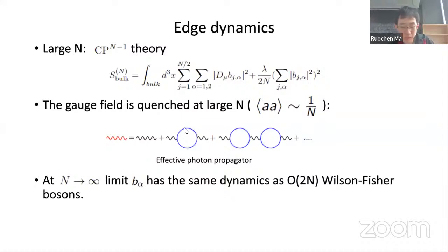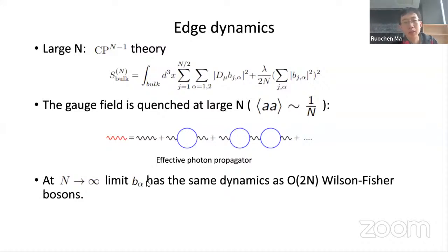Each bubble comes with a factor of n. Moreover, in all dimensions less than 4, the boson diagram dominates the Maxwell term at low energy. So we can completely forget about the Maxwell term at the tree level. At the end, the effective photon propagator is essentially 1 over the bubble, which gives you the order 1 over n. So if you consider the n goes to infinity limit, the gauge field is quenched.